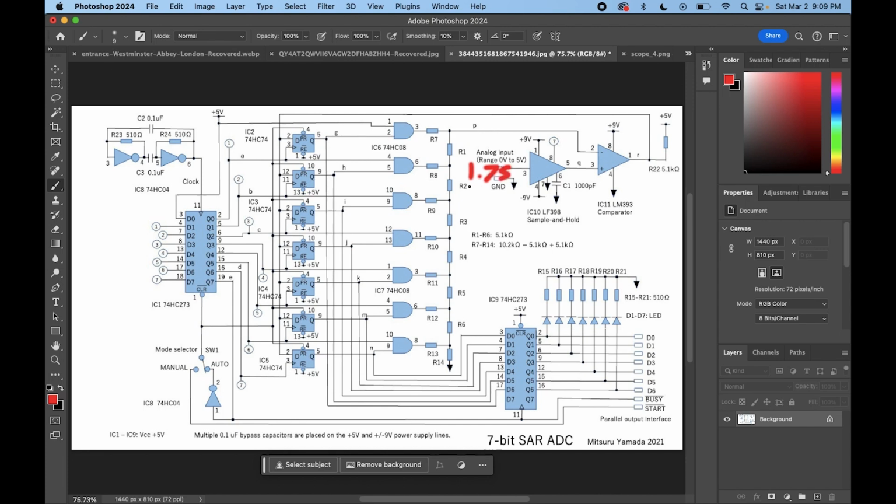So we have our 1.75 input voltage, and on the first tick of the new cycle, we know that we have a 1 on all the outputs of these flip-flops here. So we can write a 1, a 1, a 1, 1, and so on. You get the idea?